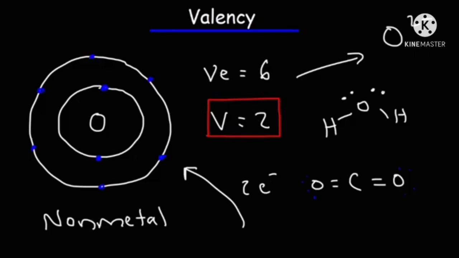Oxygen needs 2 electrons, so it combined with 2 hydrogen atoms. CO2: 2 oxygen atoms are combining with 1 carbon atom. Like that also it can happen in order to stabilize.